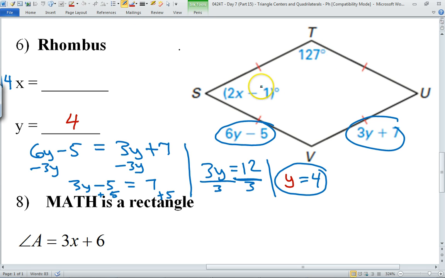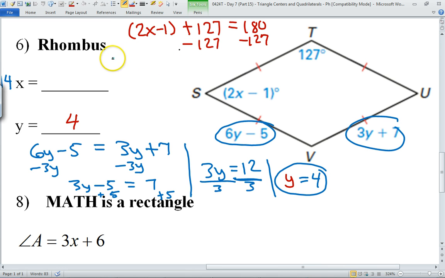Well, for the x's, these are supplementary. So one thing I could do would be to say, look, 2x minus 1 plus 127 equals 180. Alright, because that's what it means to be supplementary. Then I would subtract 127 from both sides.